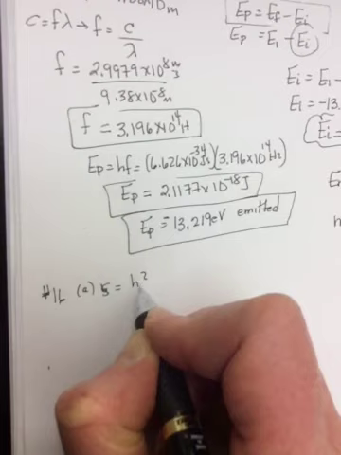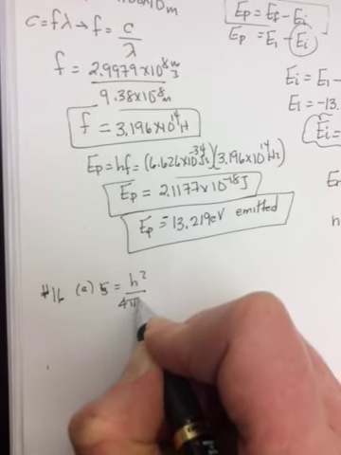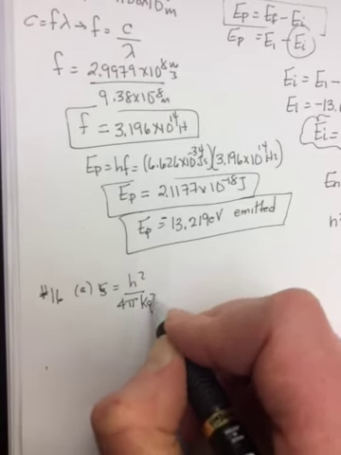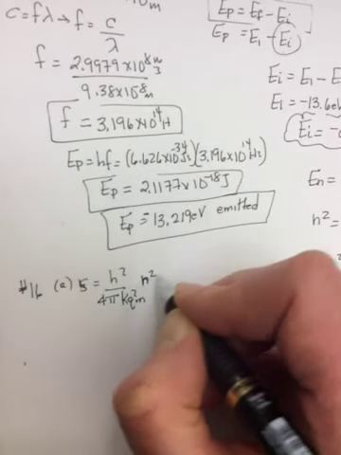r_3 is equal to h squared over 4 pi squared k q squared m, I don't remember the order I gave it to you in, times n squared.